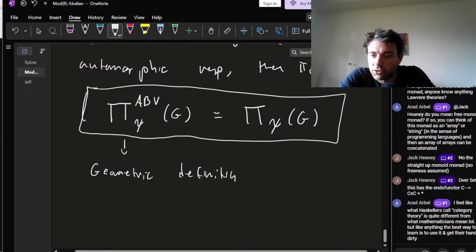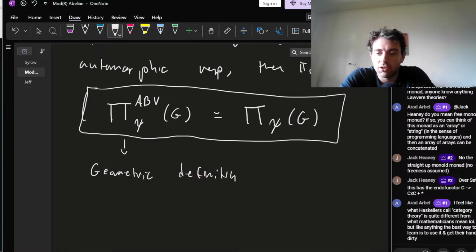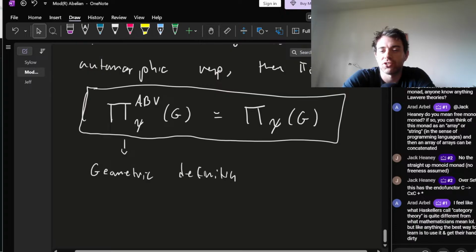You feel like what Haskellers call category theory is quite different from what mathematicians mean. Yeah, the thing is, in the random PDF my student sent me, the person who wrote the PDF made some comment about, I'm not sure this is exactly totally rigorous, or maybe this thing doesn't actually form a category.